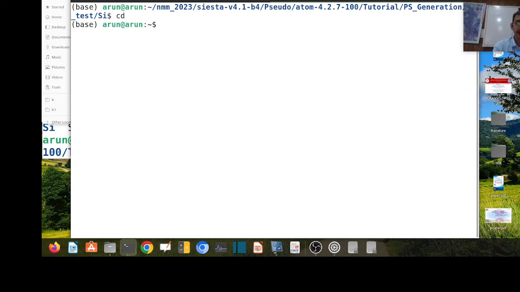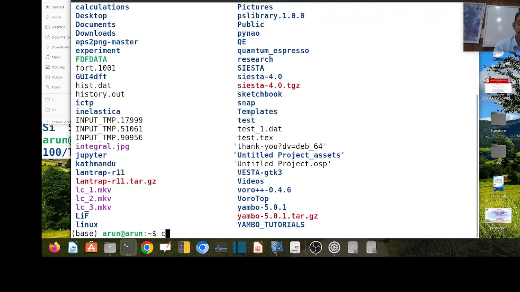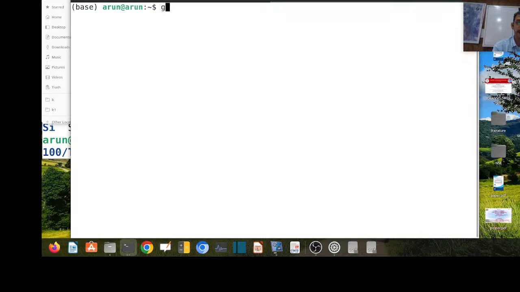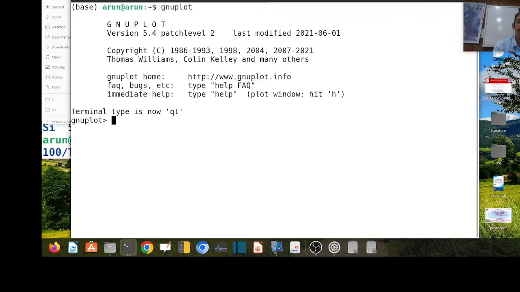I am just coming outside it. Yeah, GNU plot. How many of you worked in GNU plot? GNU plot is a free graph plotting tool and it's a very beautiful tool.